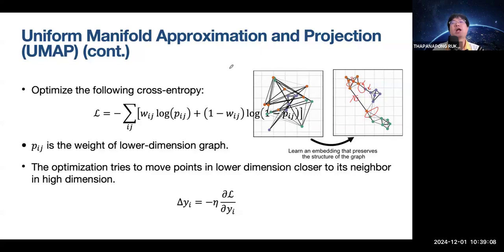And the way that they preserve the structure is to optimize the cross entropy. So we have Pij, we have Wij.